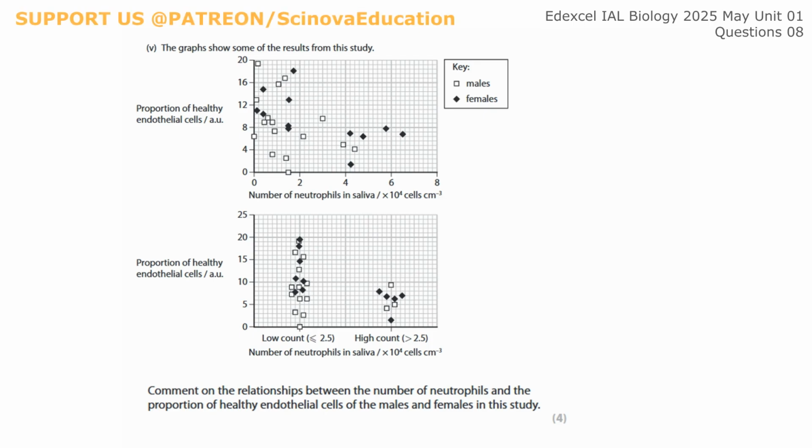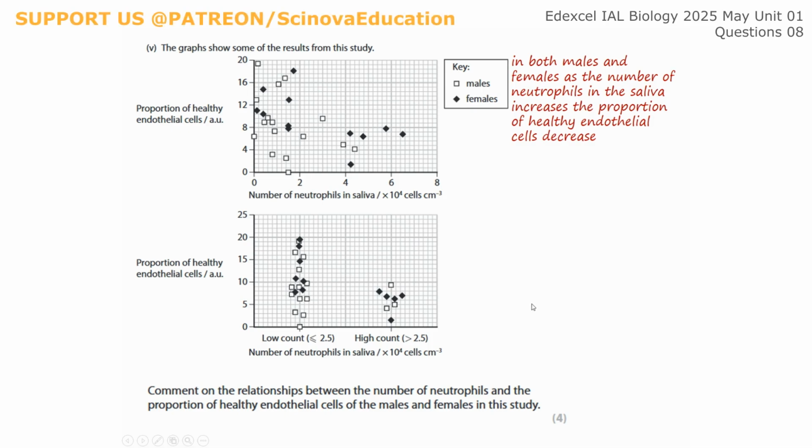By looking at these two graphs, you have to comment on the relationships between the number of neutrophils and the proportion of healthy endothelial cells of males and females in this study. So we can see whether it is males or females, we can see an increase of the proportion of healthy endothelial cells when the neutrophil count is decreasing.